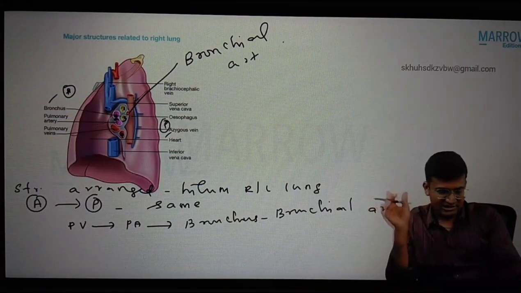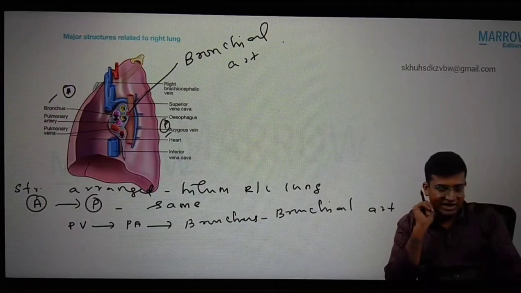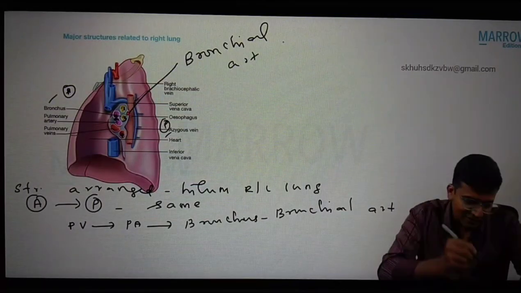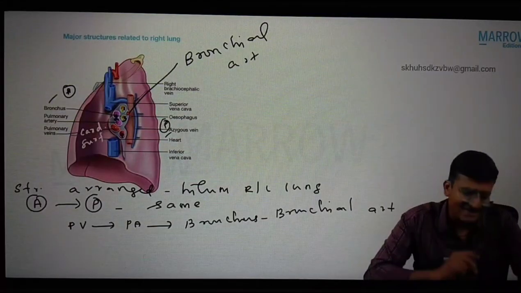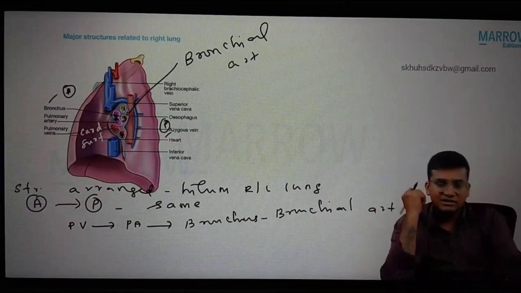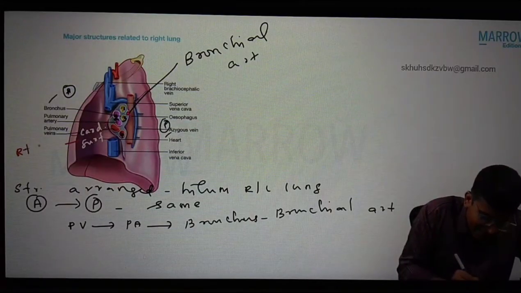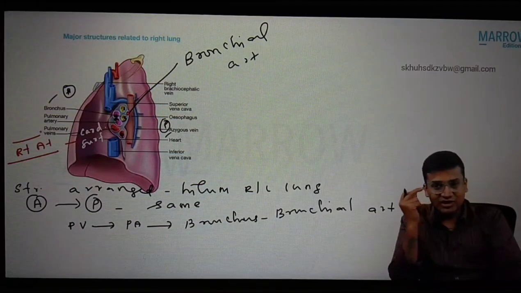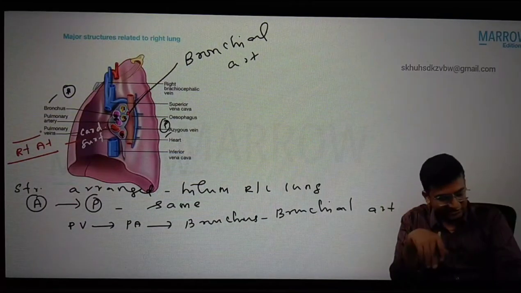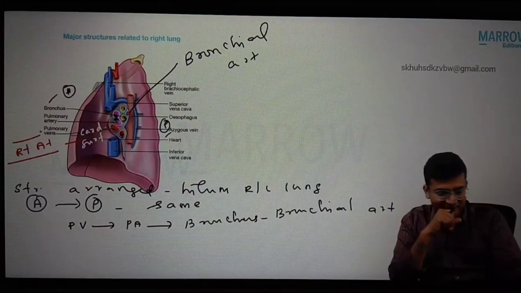Okay, right. That's all. Now, in front of the hilum of the right lung, we have the cardiac surface. Now, which part of the heart is related here? That is our right atrium. Okay.